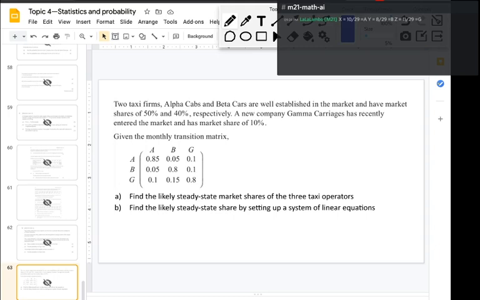Yeah, it's just like, you can say it's two different ways for you to look for it. However, for the second one, it applies if you don't have the different shares. So you have to use algebra.